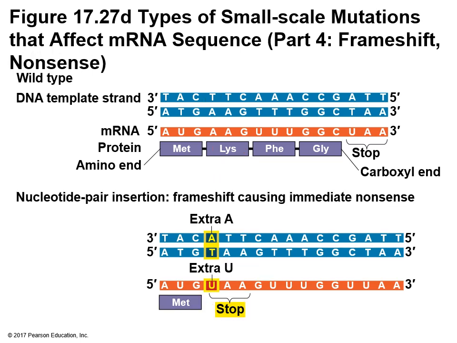Next, we have an example of an insertion mutation that leads to a frameshift mutation. So in our original DNA sequence, we had the triplets TAC and TTC and AAA, CCG, and ATT. However, in our insertion mutation, we add an extra A in between TAC and TTC, and that results in a frameshift, meaning instead of reading it as TAC and TTC, now we read the mutated DNA as TAC and ATT because of that extra A. Not only does it change the second triplet, but it changes the triplets down the line.